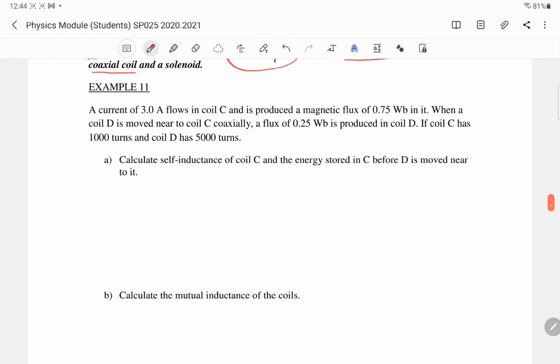Alright, so for example number 11, a current of 3 ampere flows in a coil C and produces a magnetic flux of 0.75 Weber.